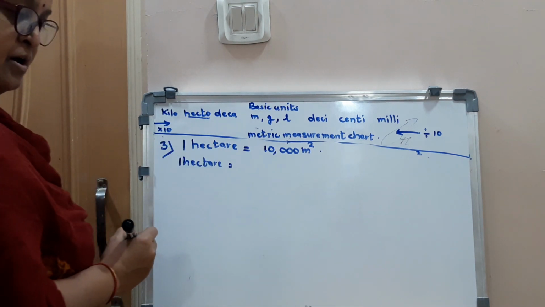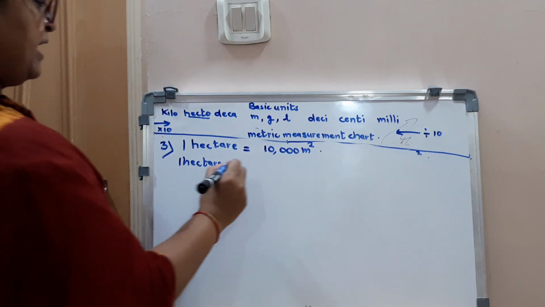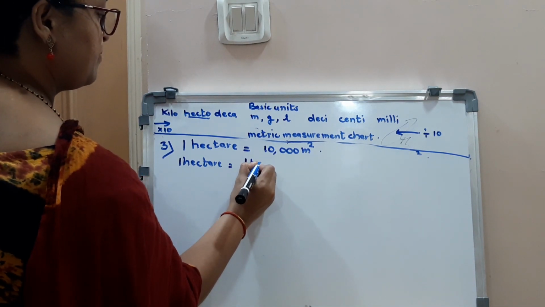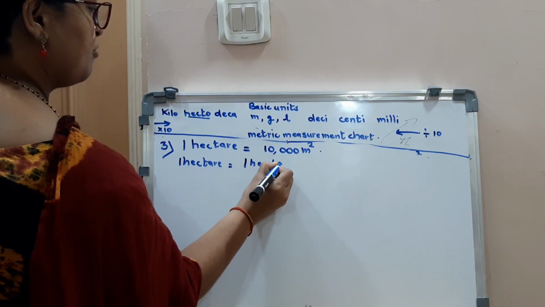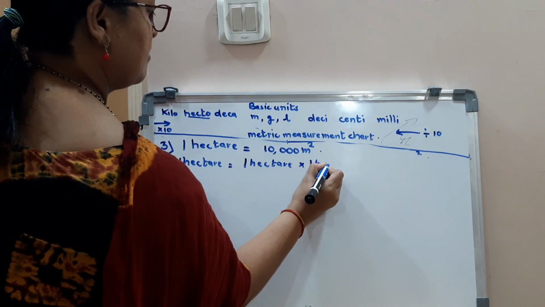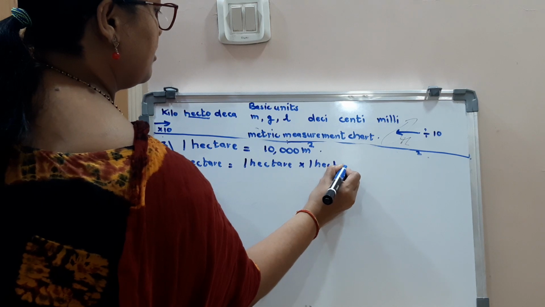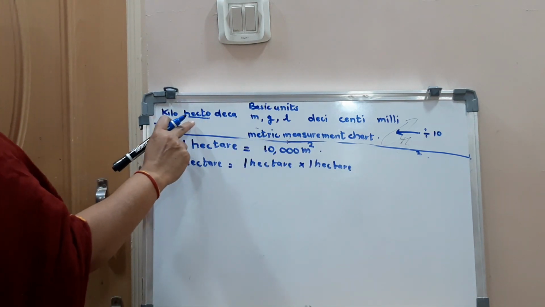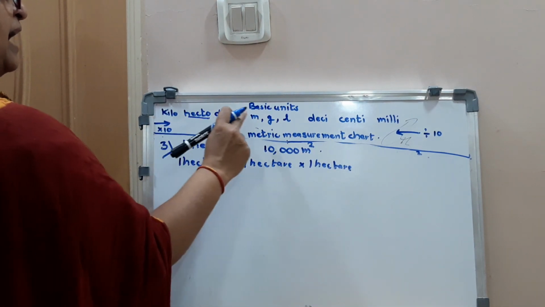So 1 hectare is equal to 1 hectare into 1 hectare. And what is the relationship between hectometer and meter?